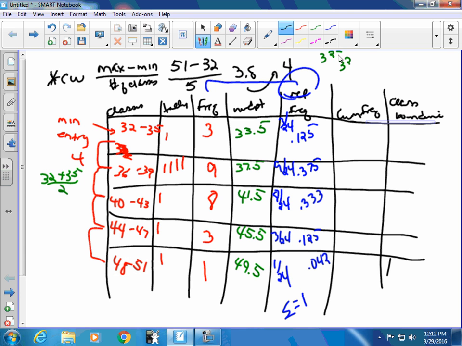So we're going to start with our first number, and we're going to keep adding to the group. So then we add 9 to that. Then we add 8 to that. And we add 3 to our total. It's like a running total. And then the last one. So call this your running total.